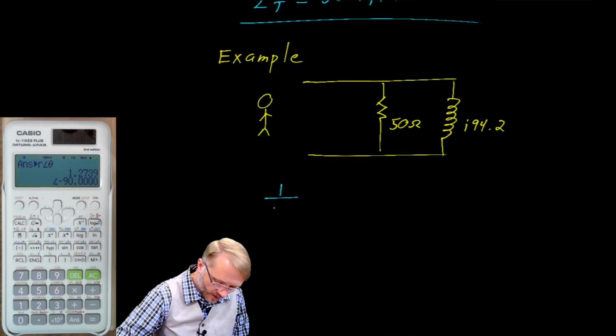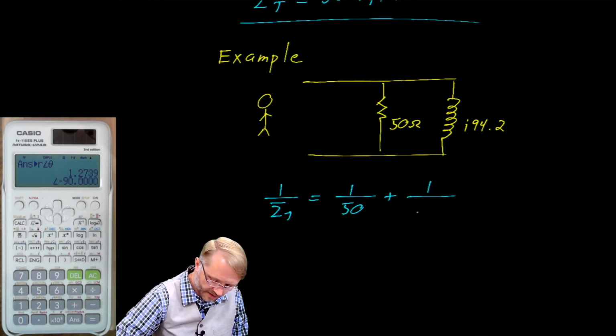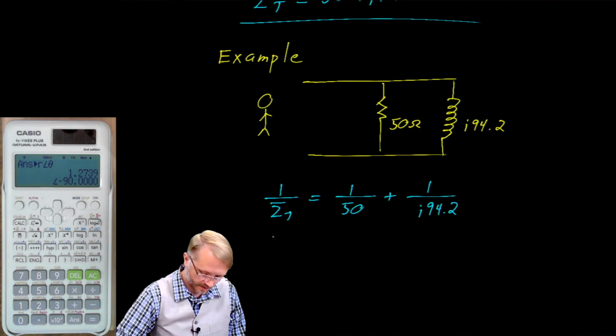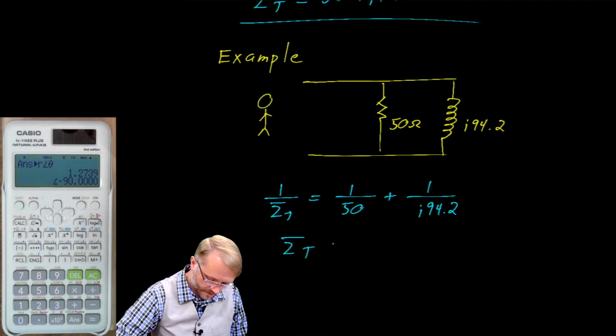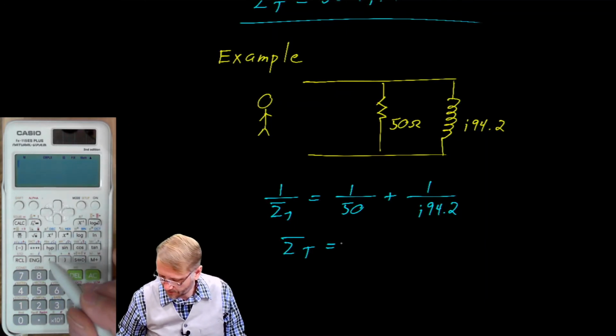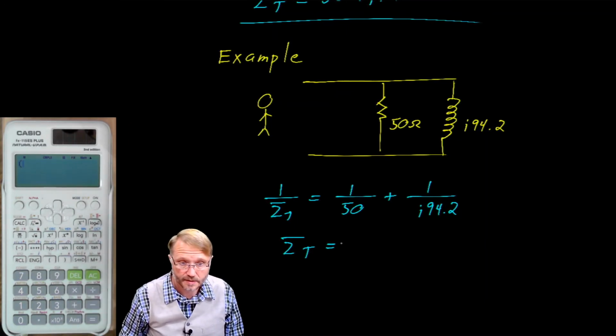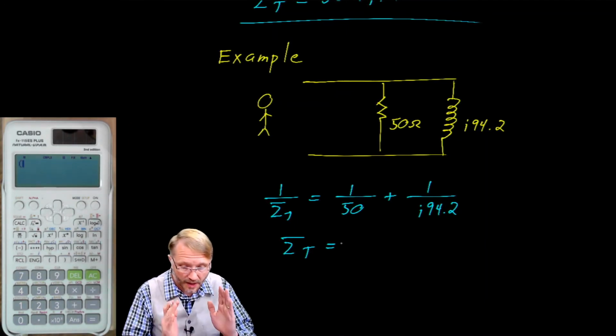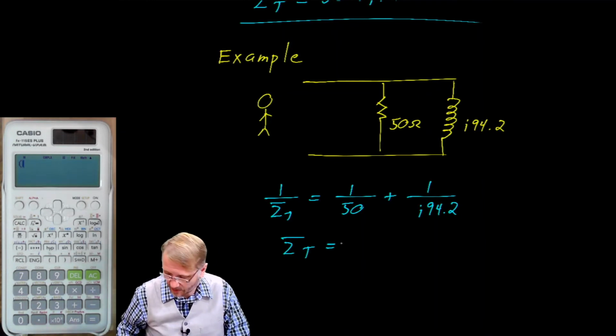Here, 1 over the total impedance is 1 over 50 plus 1 over j94.2. We enter that in the calculator like so. Use the parentheses, or you're going to get in trouble on this one.